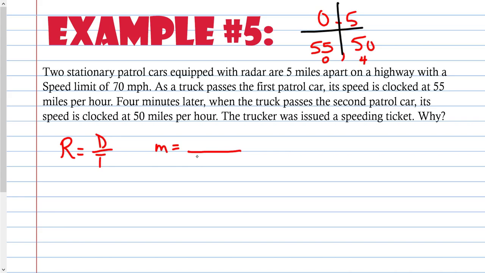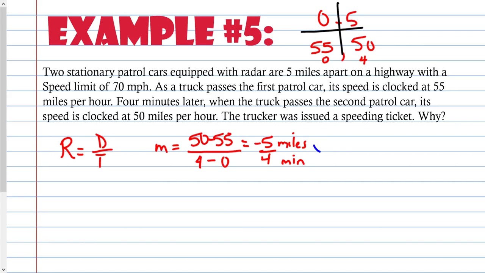Okay, so 4 minus 0 and miles. Now the negative is just because it appears to have slowed down, right? So don't worry about the negative too much.